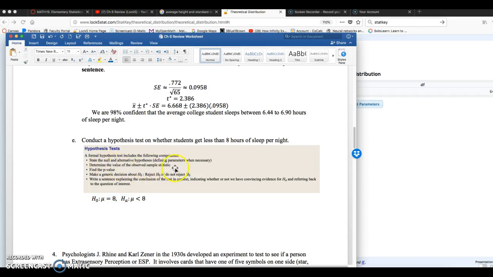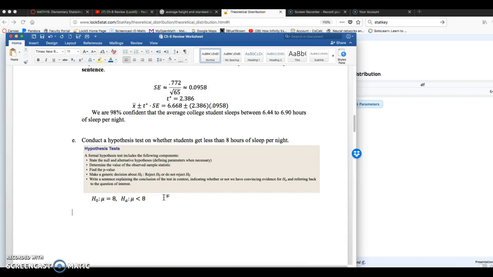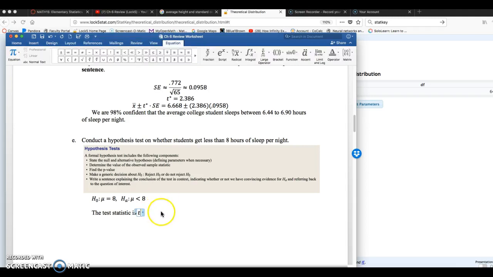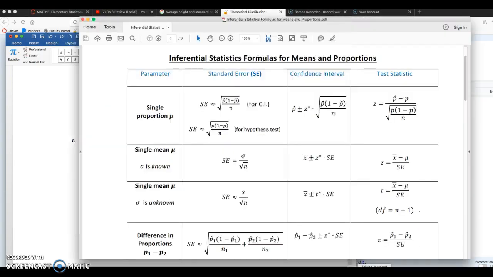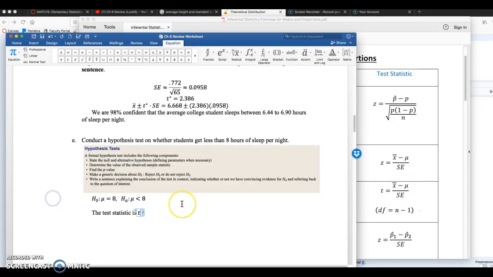Determine the value of the observed sample statistic. All right, so the test statistic is t. So I'm going to go back here to that formula sheet. My test statistic is t equals x bar minus mu over the standard error, which we've already computed. So I'll write it out. This is x bar minus mu over standard error.